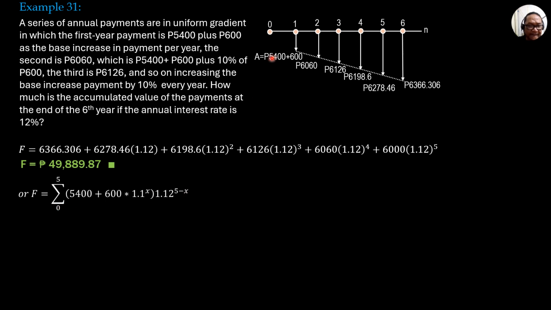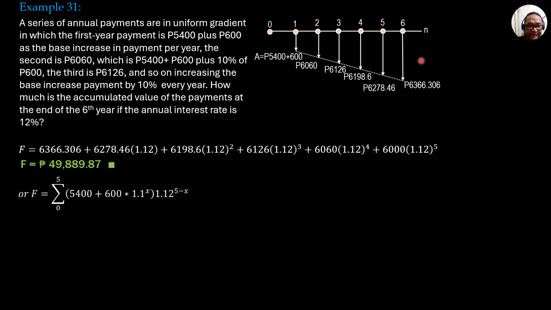The value when x is 0 is 5,400 plus 600 times 1.1 to the 0, which is 600 times 1 plus 5,400, so 6,000. And it is magnified by multiplying 1.12 to its distance from 6, which is 5. That's why 5 minus 0 is 5.